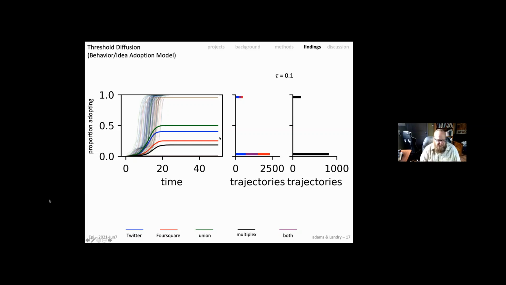What you see happening here is, let's start with the black multiplex line. About 20 to 25% of the population will adopt something in this population if we let the simulation run long enough, and this is far enough to get an equilibrium.